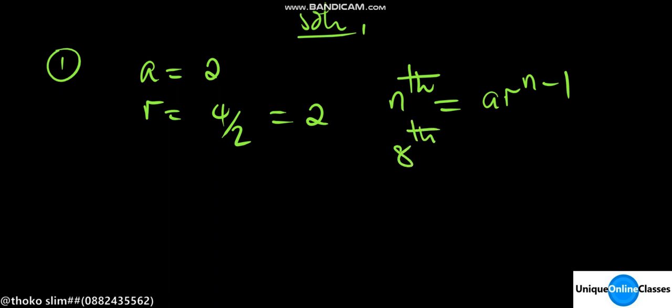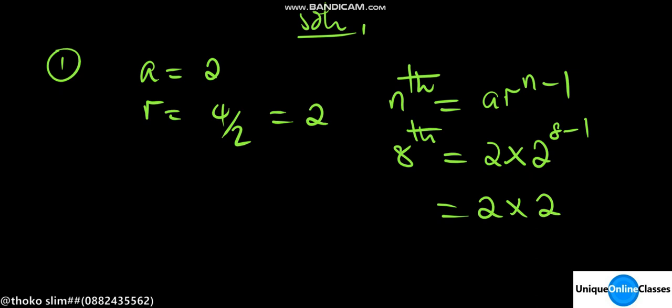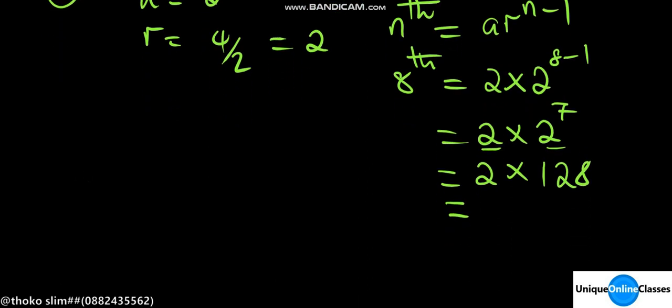So the 8th term is 2 times 2 to the power 8 minus 1, which is 7. Mind you, do not multiply 2 times 2 first; calculate the power first. 2 to the power 7 is 128, and 2 times 128 is 256. So term number 8 is 256. We are done.